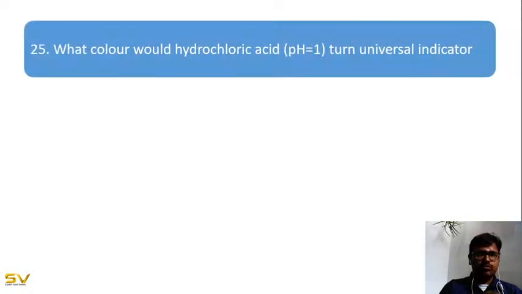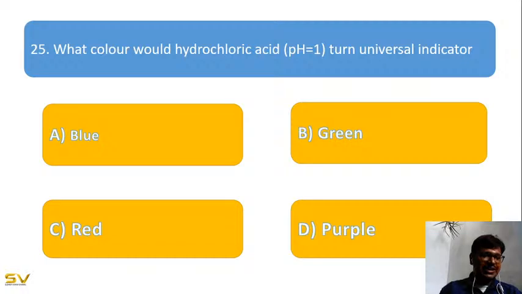What color would hydrochloric acid turn universal indicator? If pH is equal to 1, then what will be the color? Blue, green, red, or purple. Understand the question properly: universal indicator. I'm not asking about the pH scale, it is about the universal indicator.